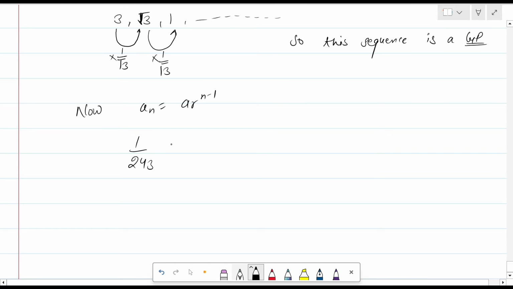Here An is given as 1 upon 243, a is 3, and r is 1 upon root 3 raised to the power n minus 1.